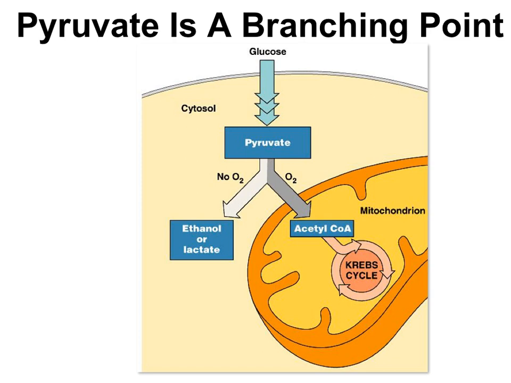Some organisms can only do anaerobic cell respiration, and all of their pyruvate would go this way. Other organisms that do aerobic cell respiration will send as much of the pyruvate as they can over here, but if there's not enough oxygen, then the pyruvate will branch towards this way. So, organisms that can do aerobic cell respiration can actually do both and switch back and forth as needed.